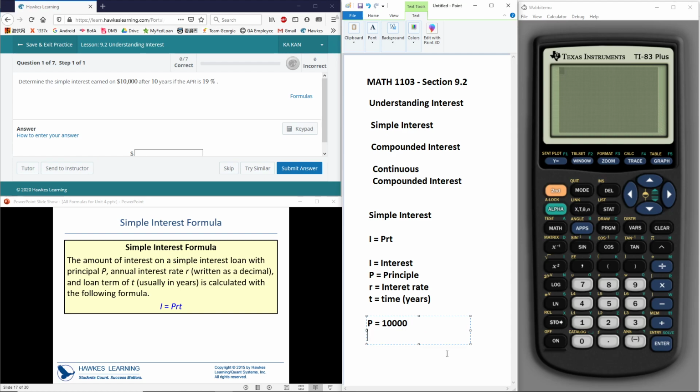And we know the time is 10 years, right? So let me do the interest rate first. The rate is APR, annual percentage rate, and that's 19%. And remember, 19% is 0.19. And the time equals 10 years.